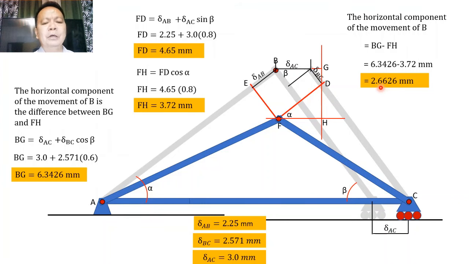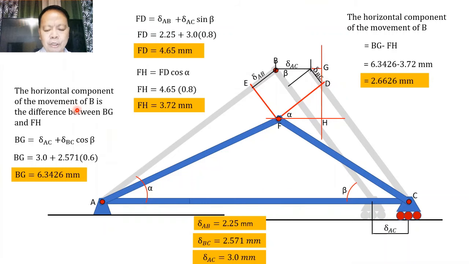However, we can also compute the vertical component of this movement of B, which in this particular illustration will be the sum of the following distances, GD and DH.